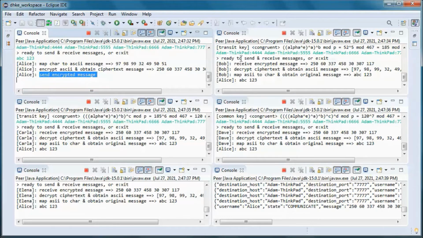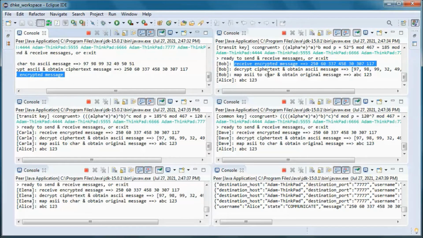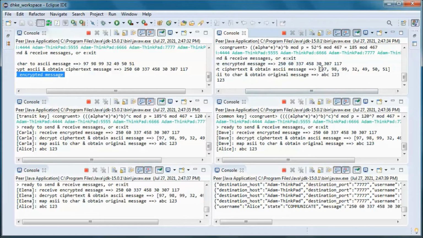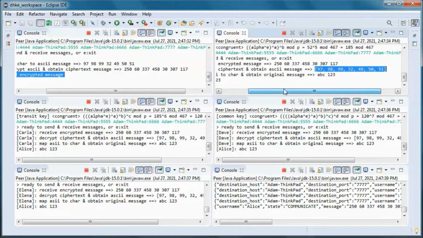And each one of the peers received the encrypted message and decrypted the ciphertext and mapped the ASCII to character and obtained the original message.